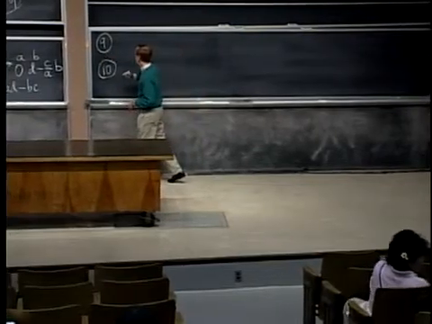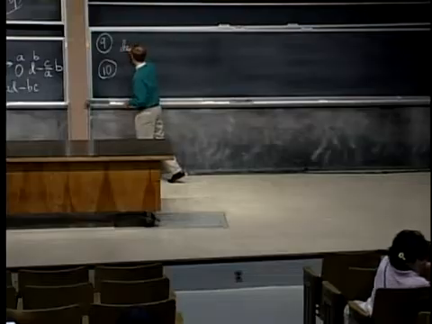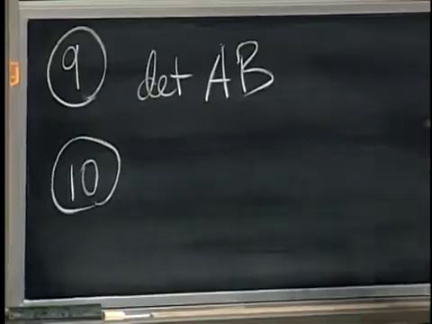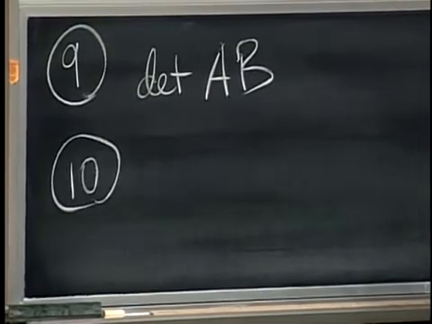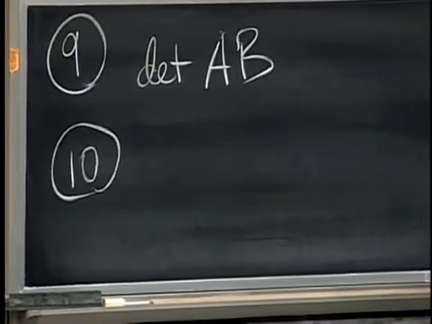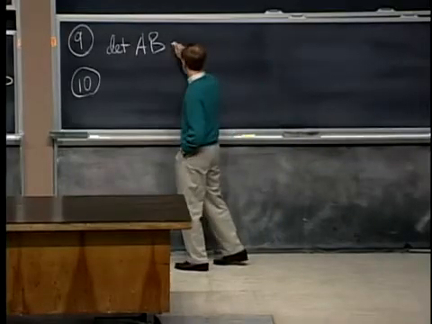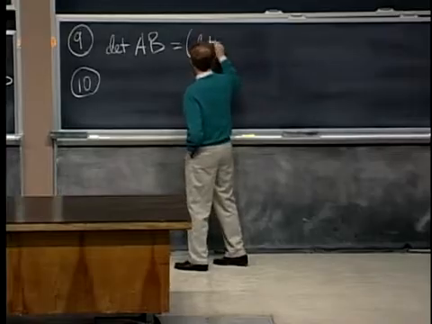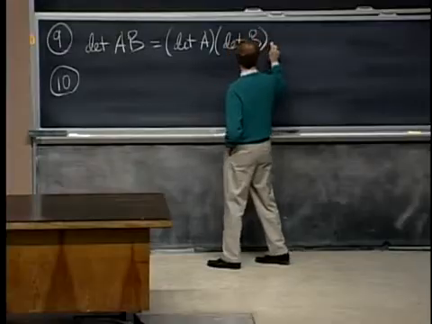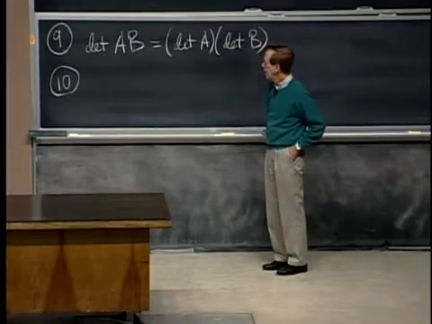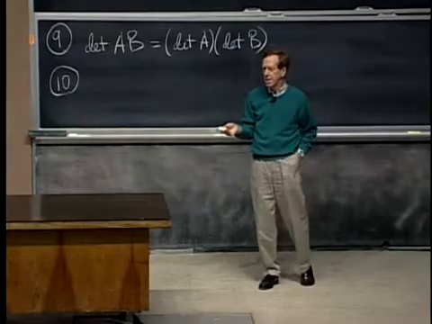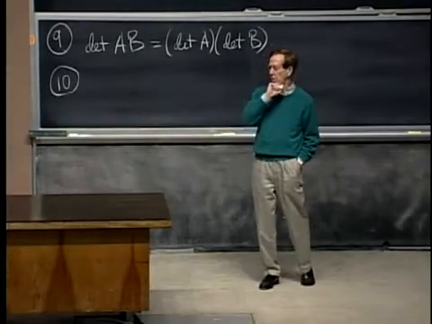Property 9 says that the determinant of a product, if I multiply 2 matrices A and B, that the determinant of the product is determinant of A times determinant of B. And for me, that's a very valuable property.